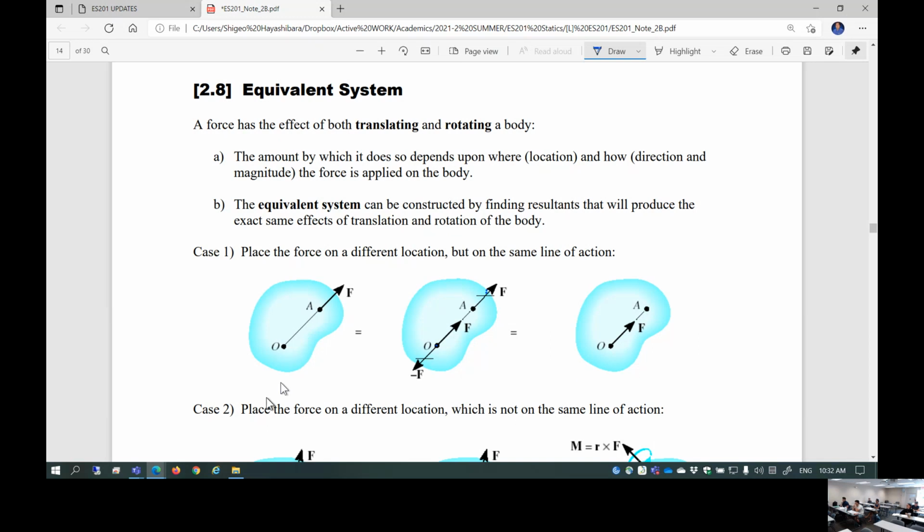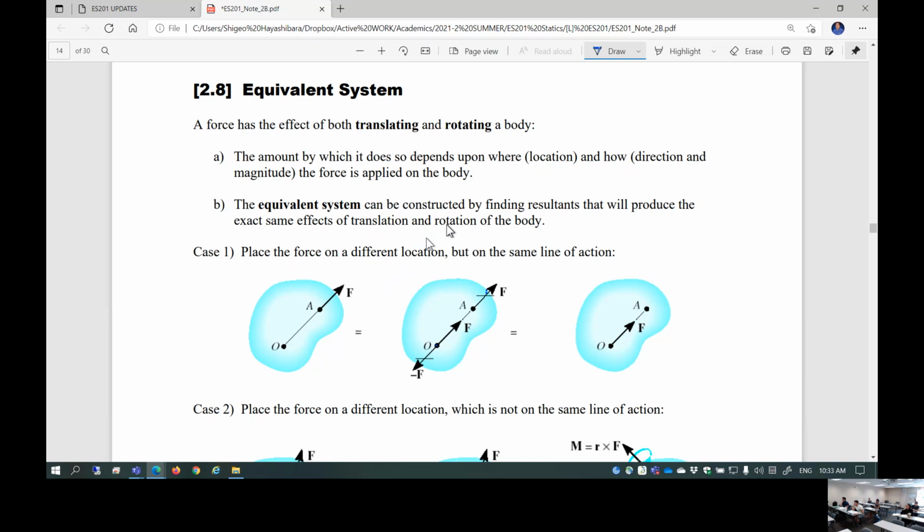This is an equivalent system. It's quite important for airplane wing analysis, of course. Suppose you apply the lift force here, can I shift it here? Do you think the airplane behaves the same way? Well, because it's an equivalent system. Can you freely shift the force in a certain direction? This direction is okay, but how about this direction? Whoa. Those are the kinds of things we have to think about.